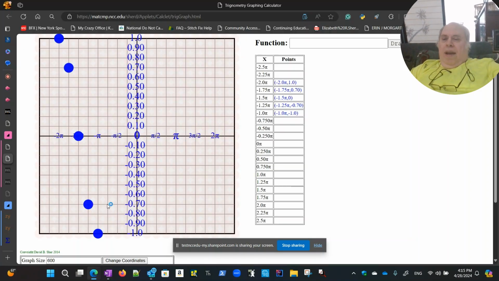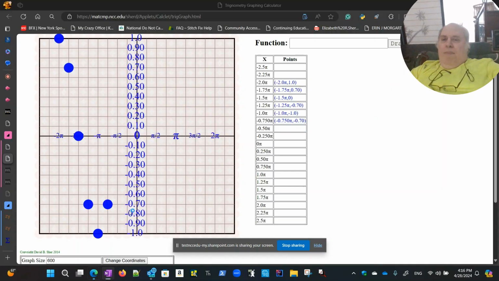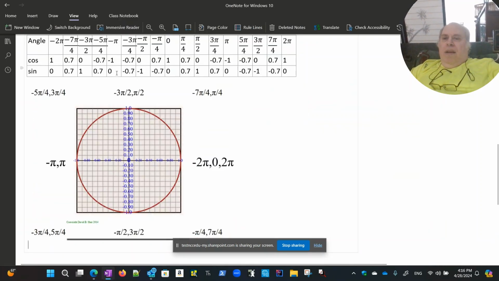Now we're going to start rotating back to -0.7. We're rotating back from the far left side of the circle to -0.7 and back to 0. Then we rotate back to the right side of the circle to 0.7 and back to 1. As you see, we went to -0.7 to 0 to 0.7 to 1, and we're back where we started, because that's what happens when you go around a circle.